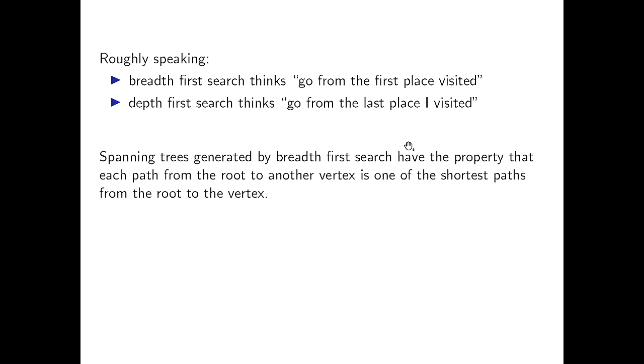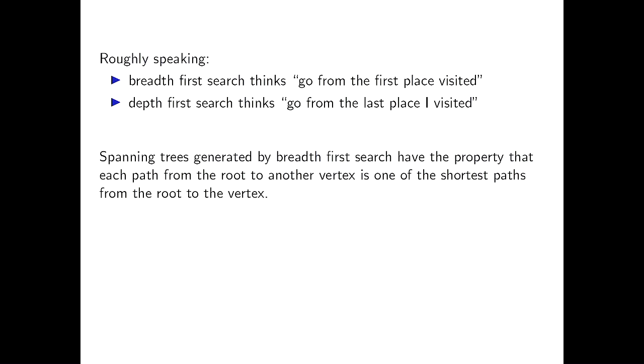So, a huge important property of spanning trees generated by breadth-first search is that every path from the root to another vertex is one of the shortest paths. And that's really, really useful sometimes.